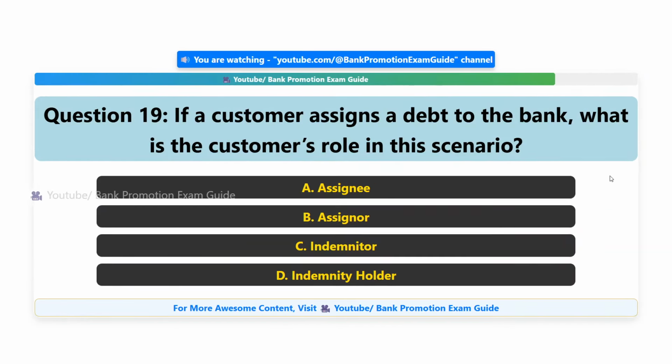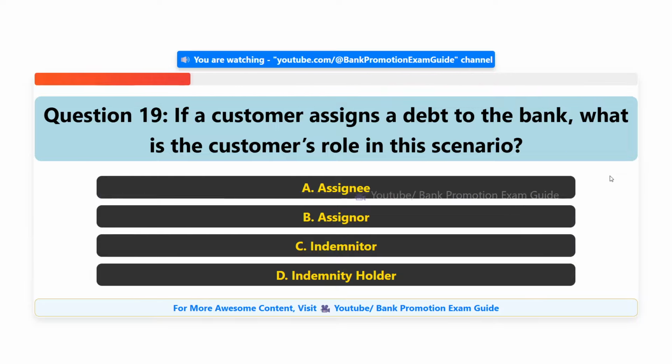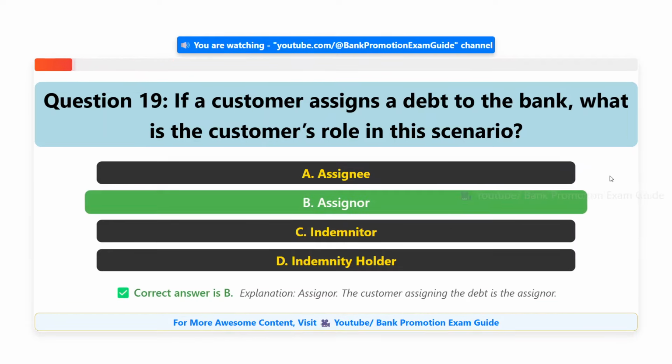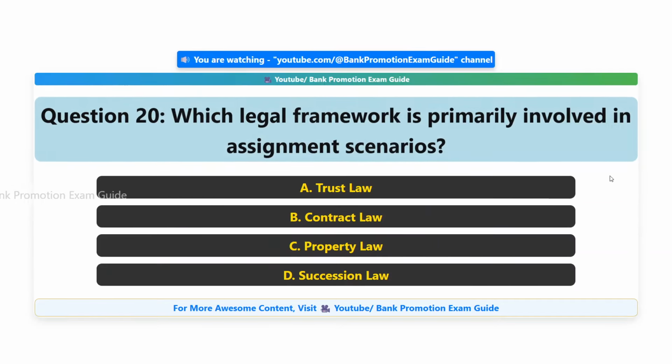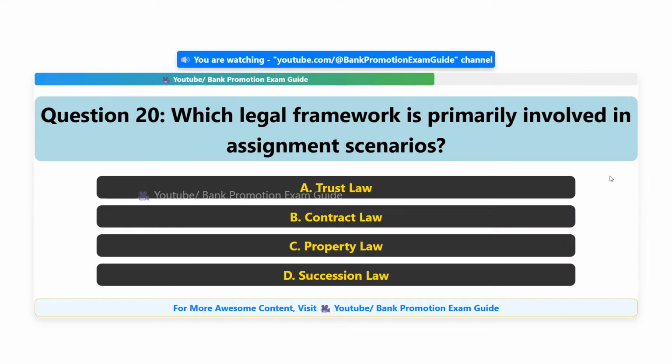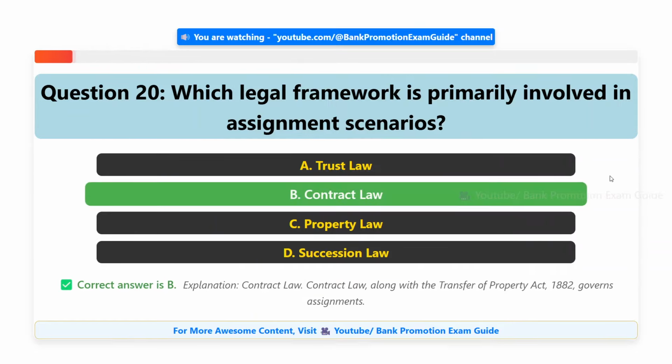Question 19. If a customer assigns a debt to the bank, what is the customer's role in this scenario? Assigner. The customer assigning the debt is the assigner. Question 20. Which legal framework is primarily involved in assignment scenarios? Contract law.